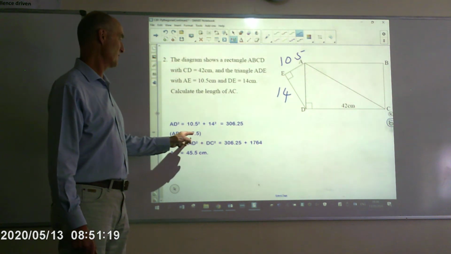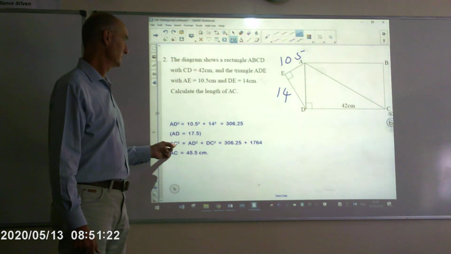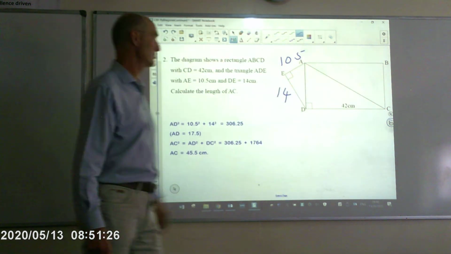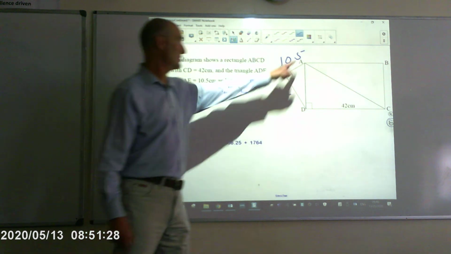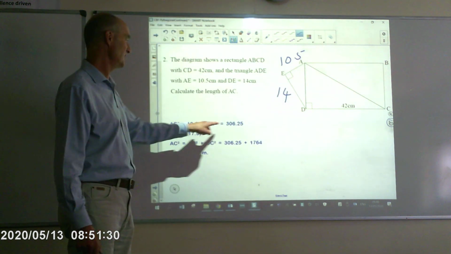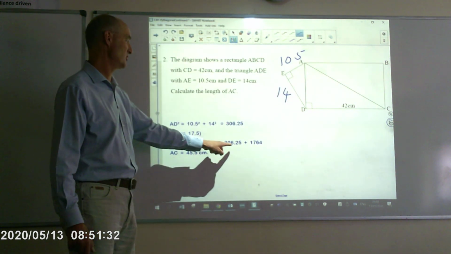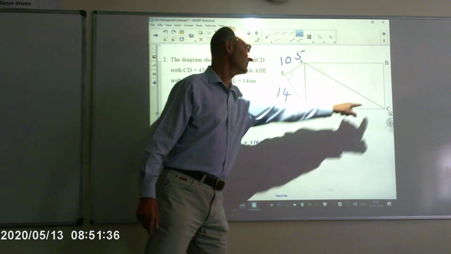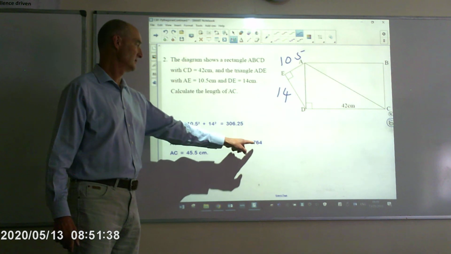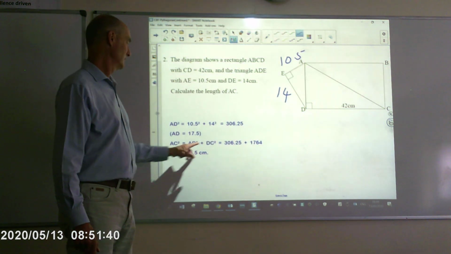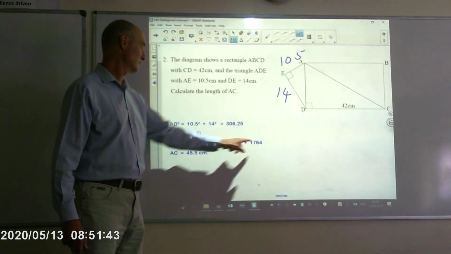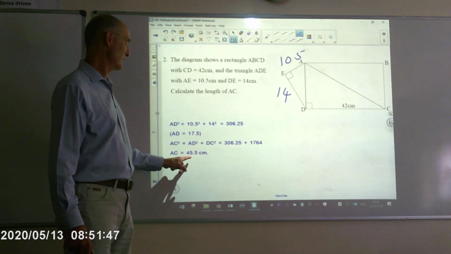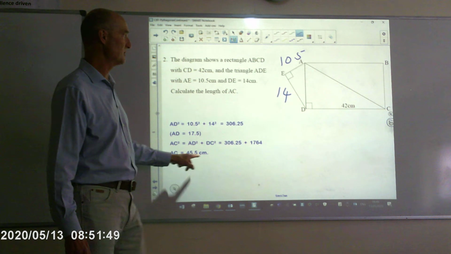AD does equal 17.5. But AC squared, so this diagonal that the question's asking us to find, is going to be AD squared, which we've just calculated. Funny enough, AD squared, 306.25, plus DC squared, the 42 squared. So that gives us AC squared. If we add those two together, find the square root of it, we get 45.5 centimetres for our diagonal.